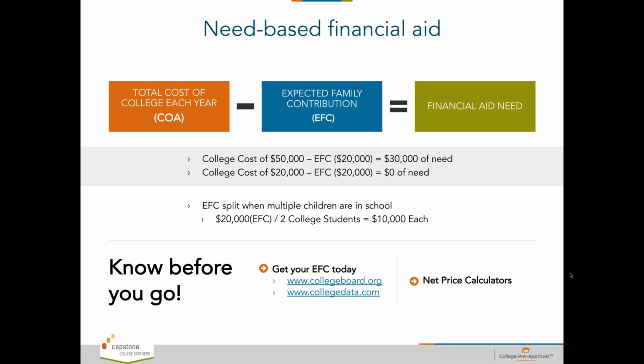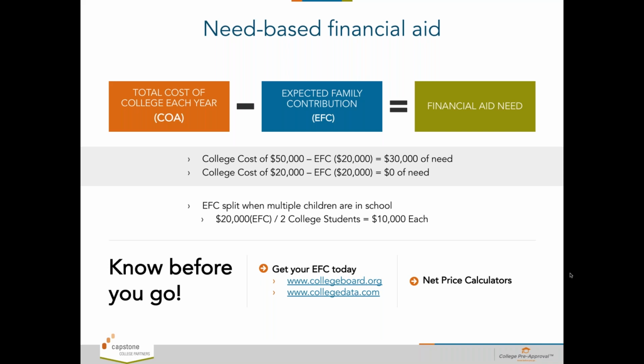The way I think of expected family contribution, it's the minimum amount that institution, that formula, thinks you should be able to afford out of your resources for this year. So the cost of attendance at the school minus our EFC gives us our financial aid need at that particular institution.